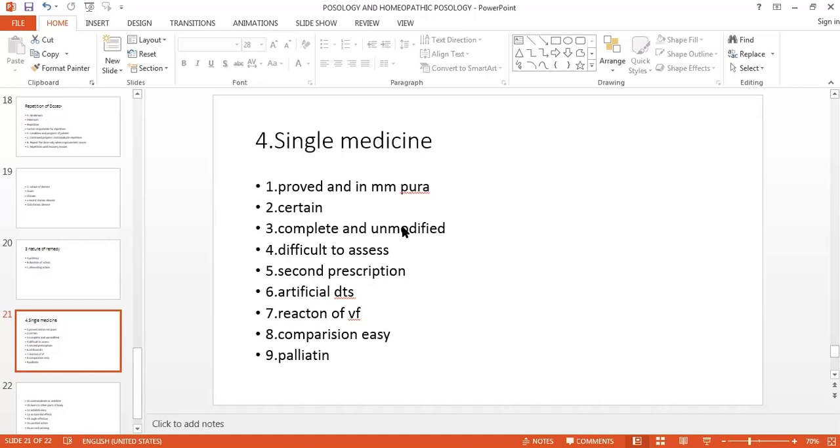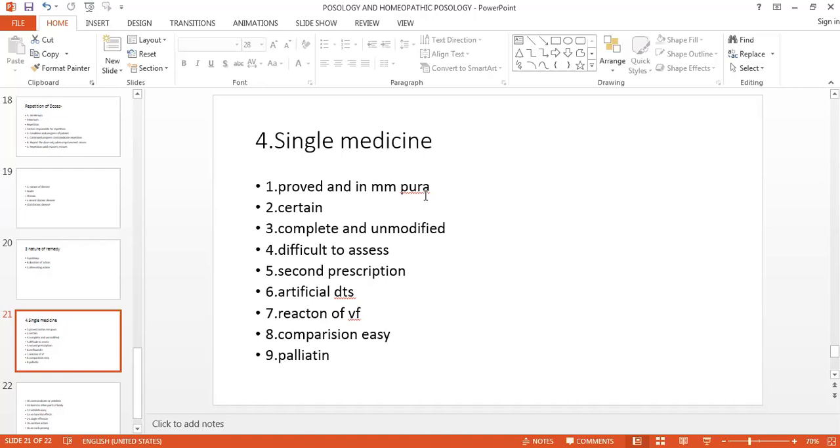Now we will see the reasons why we have to use the single medicine. So the first reason is that the homeopathic medicines which are in the Materia Medica Pura are all proved medicines. They are proved on healthy human beings, and they are proved singly. They are not proved in a complex manner, and hence it is under the Materia Medica Pura.